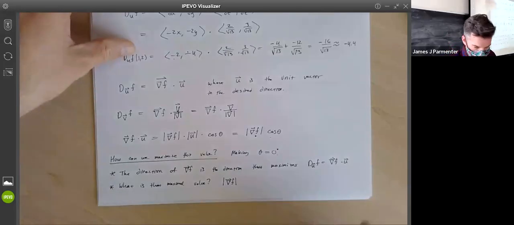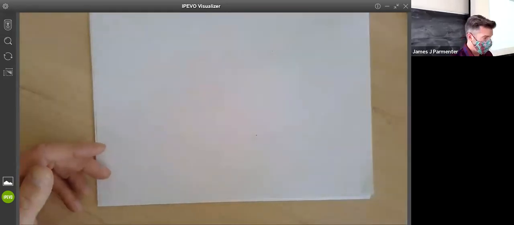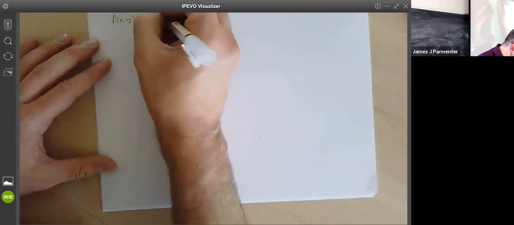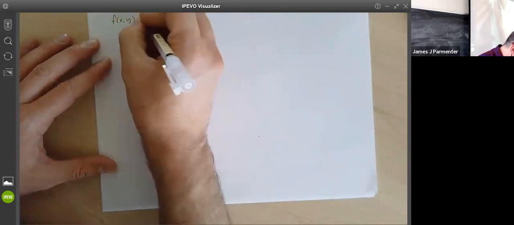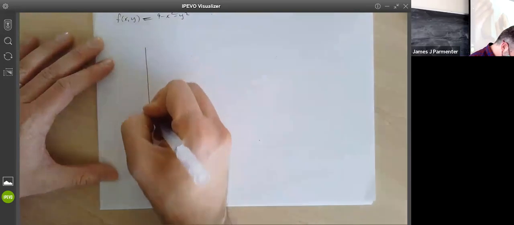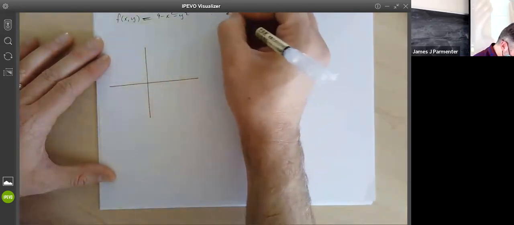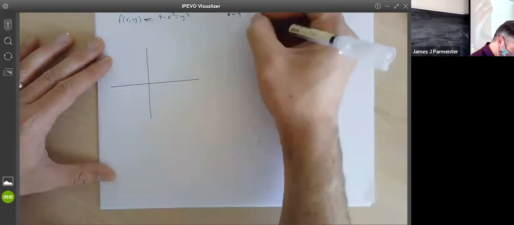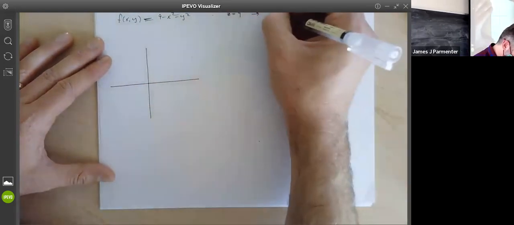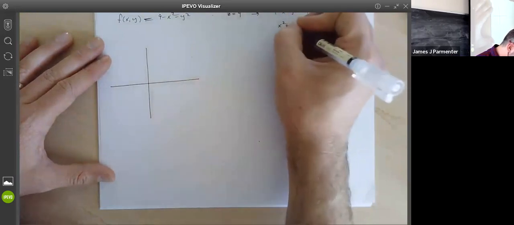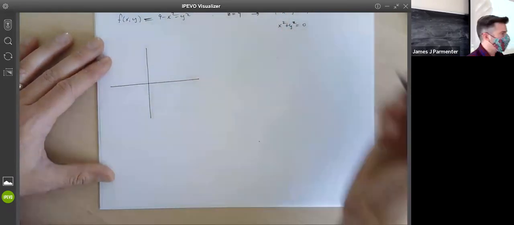So if you think about our hill, f of x y equal to 9 minus x squared minus y squared, if I actually drew some level curves, so if I set z equal to 9, I get a level curve of 9 minus x squared minus y squared equal to 9. I get x squared plus y squared equal to 0. Not a very exciting level curve.